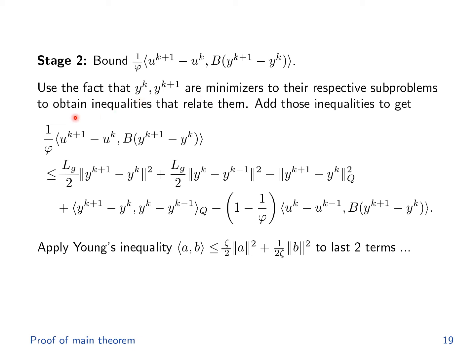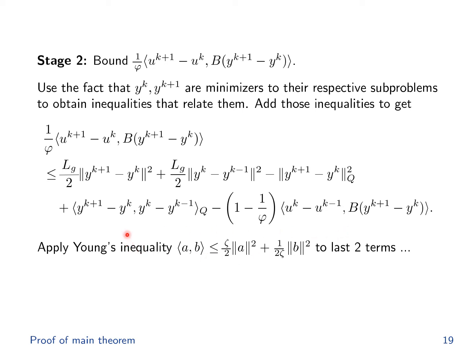And they give two inequalities, and adding those two inequalities, we can obtain this new inequality, where the left-hand side is the inner product, and the right-hand side is its bound. And this bound involves 3 quadratic terms, including 1 negative quadratic term, as well as 2 new inner products.